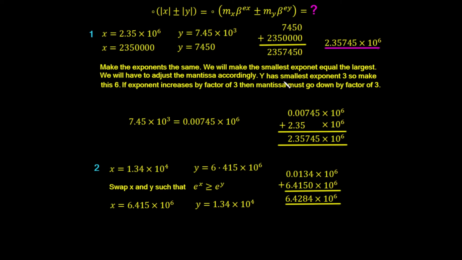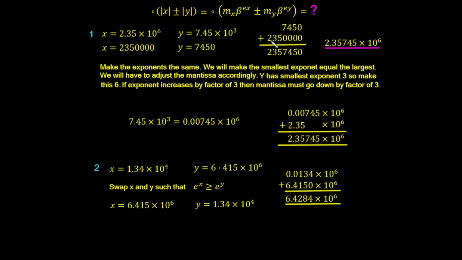Let's say y has the smallest exponent, which is a value of 3. We're going to make that exponent a value of 6. So in effect, we'll have increased the number by 1000. In order to get the correct number, we're going to have to decrease the mantissa also by a factor of 1000.